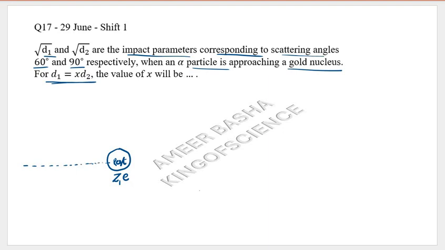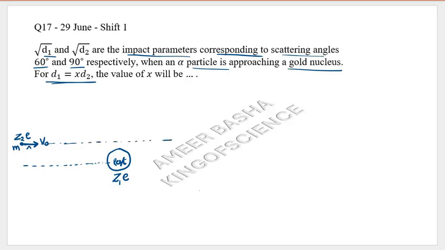Let's say the alpha particle has charge Z2 multiplied by e, comes with a velocity V0, and has mass M, and it is supposed to go in this direction.